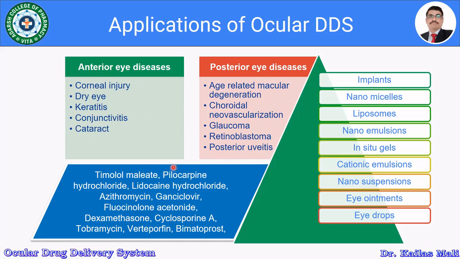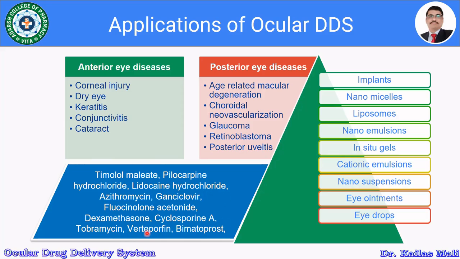There are so many drugs which are formulated in the form of ocular drug delivery systems. Few of them are timolol maleate, pilocarpine hydrochloride, lidocaine hydrochloride, azithromycin, ganciclovir, fluocinolone acetonide, dexamethasone, cyclosporine A, tobramycin, verteporfin, and bimatoprost.